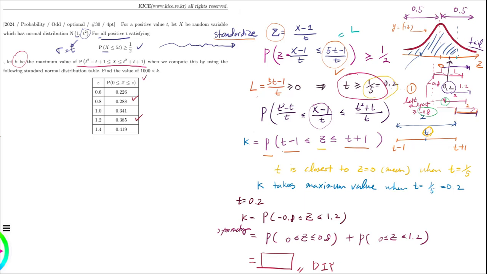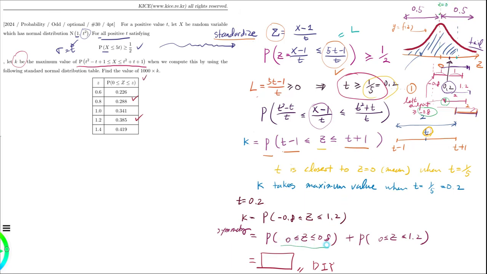As I said, it reaches a maximum at z equals 0, and it's symmetric with respect to the vertical line z equals 0.